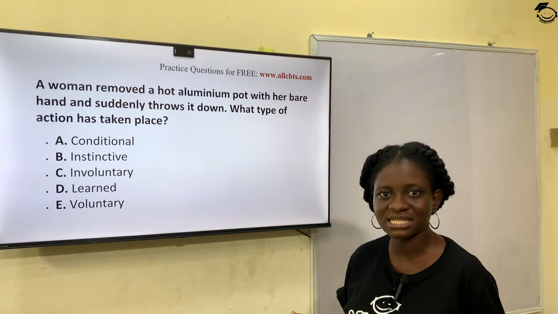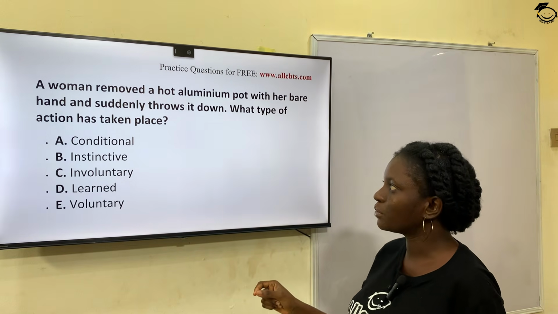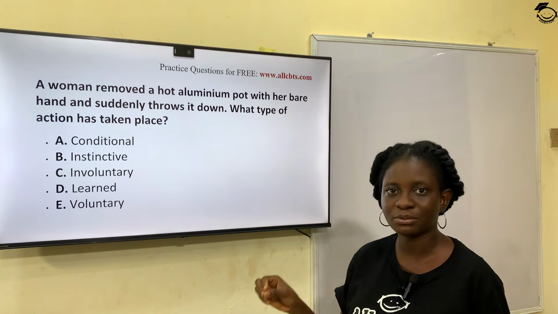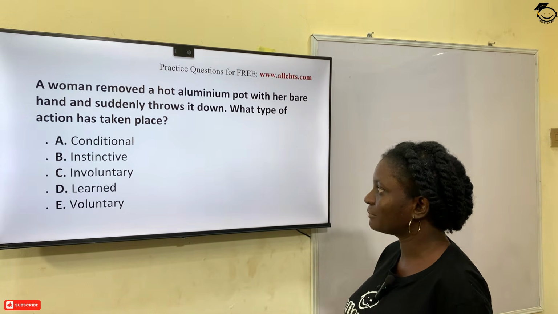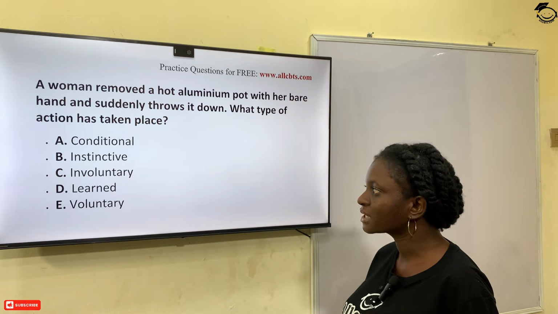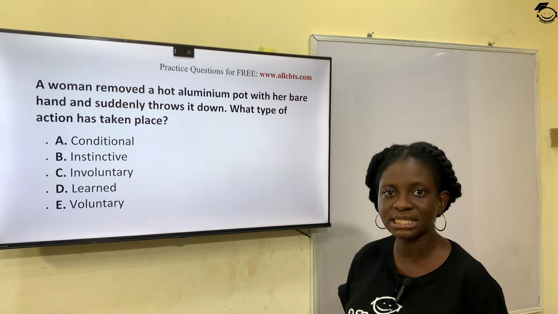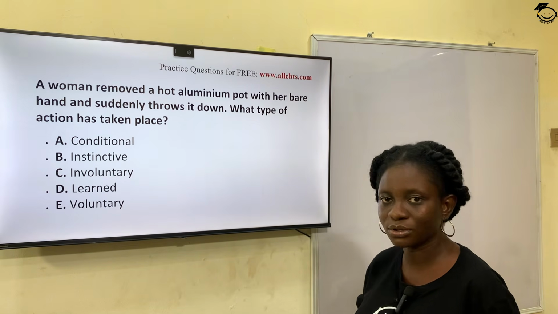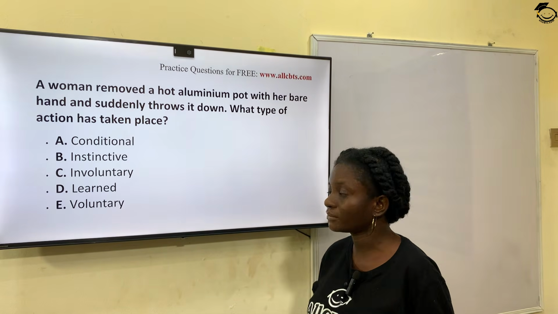It's immediate, it's instant. The point of touching the aluminium pot and the point of dropping it is in seconds. So what type of action has taken place? A, conditional; B, instinctive; C, involuntary; D, learned; E, voluntary. The correct answer is involuntary.